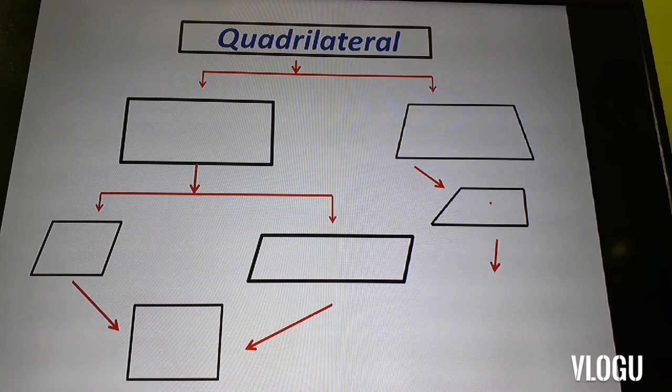Now, let's talk about the general trapezoid or the trapezium. One unique property of the general trapezoid or trapezium is that it has no sides that are equal.